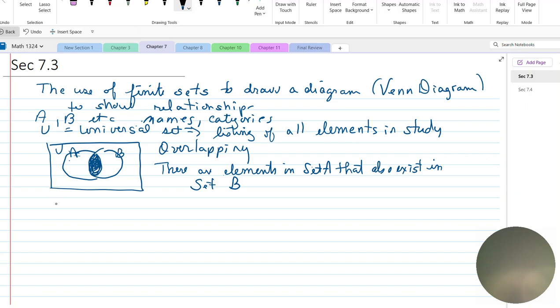Then we have this one, and this one makes it very nice. This one says I got a universal set. I have my A and B, and what do we notice? Oh, they are disjoint.